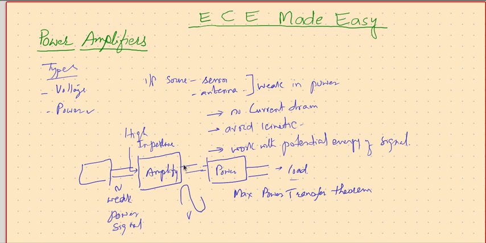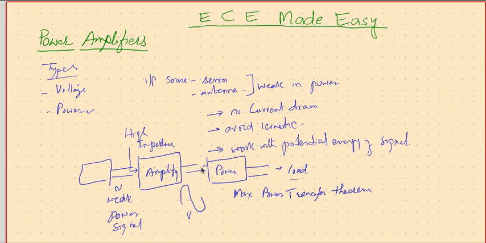So this output side and this input side impedances must be complex conjugates of each other, and the same thing, the output impedance of the power amplifier should be the complex conjugate of the load.